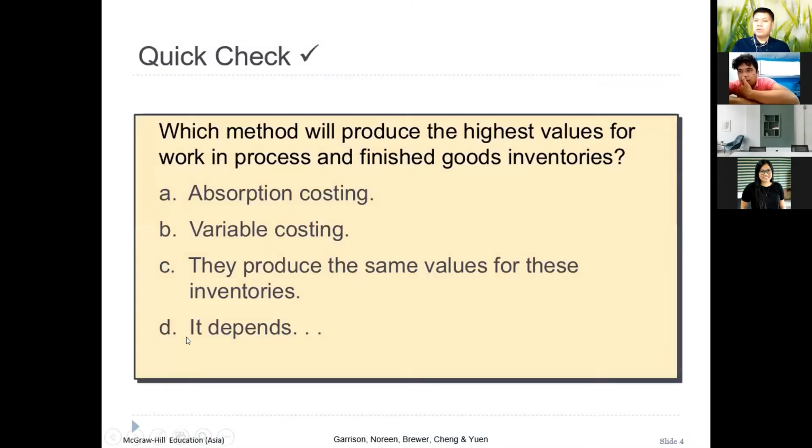Okay, let's have a quick check. Which method will produce the highest values for work in process and finished goods inventories? Which one is higher, the value of inventory, work in process and finished goods? Absorption or variable?